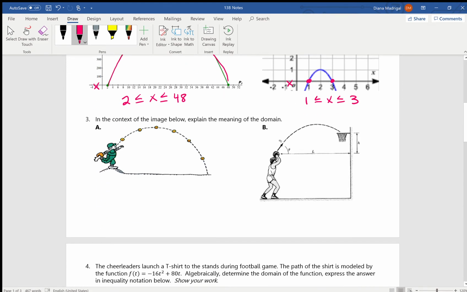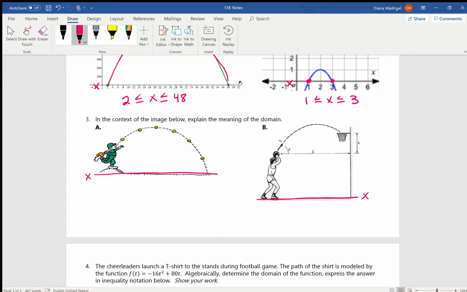Number 3 says in the context of the image below, explain the meaning of the domain. So explain what's happening. What's happening on my x-axis?